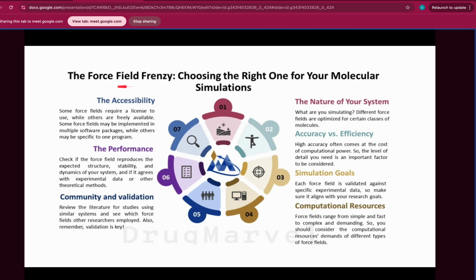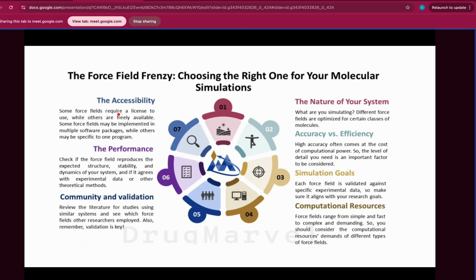Yeah, so this I also found in another paper, in which they talk about how to decide which force field to choose. Choosing the right force field is very important in molecular dynamics simulation because it will determine what results you will get. So the first thing we should focus on is accessibility.